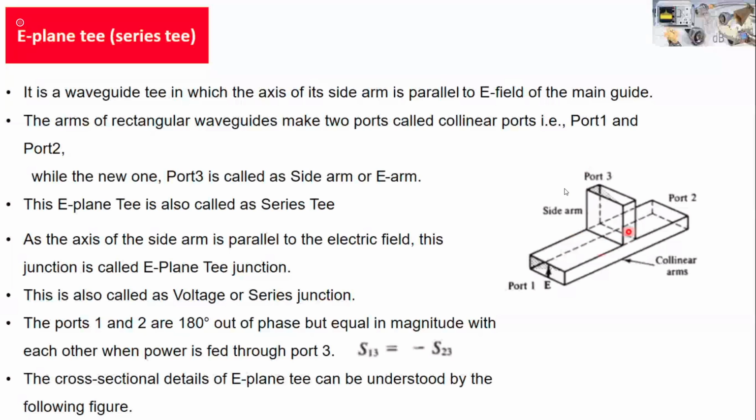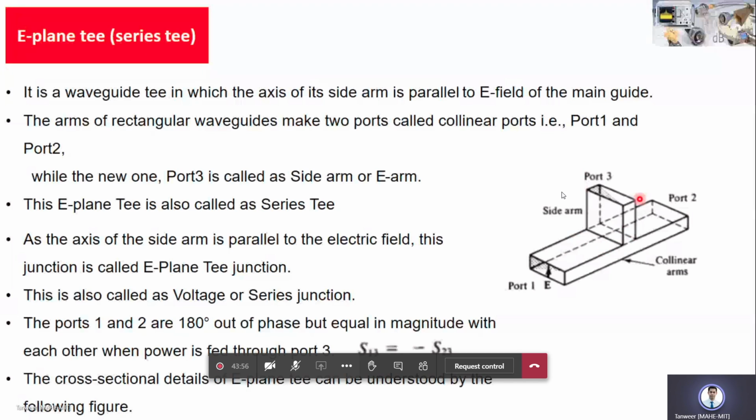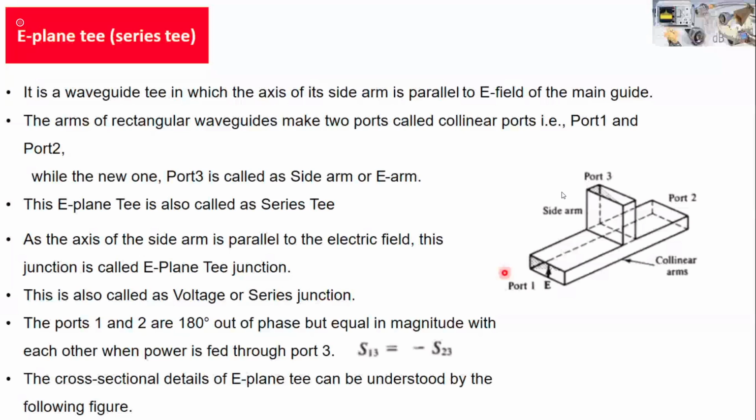Port 3 is called the side arm because its electric field is parallel to port 1 if you are feeding power through this port. Port 1 and port 2 are called the collinear arms. A better diagram of this is given in the next slide. This is just a reference diagram.